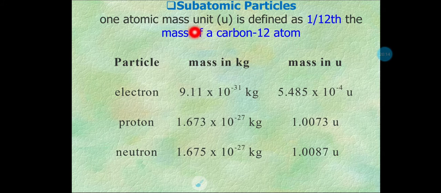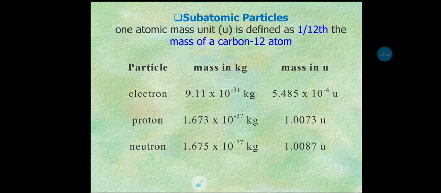So this mass unit is derived by taking carbon 12 as the reference atomic mass and considering 1/12 part of it, that means 1 atomic mass unit. According to this we can define the atomic mass unit.